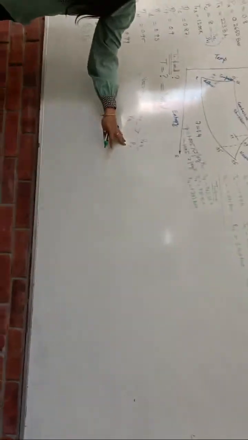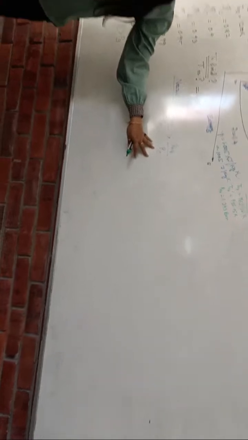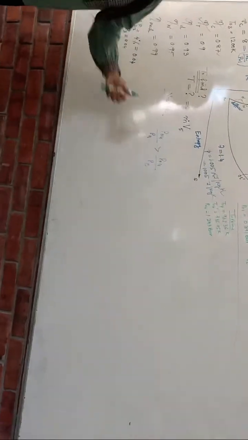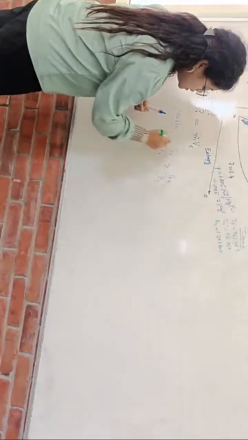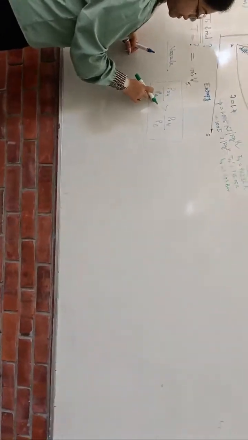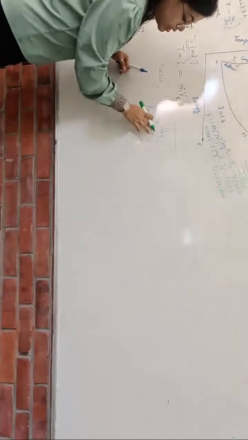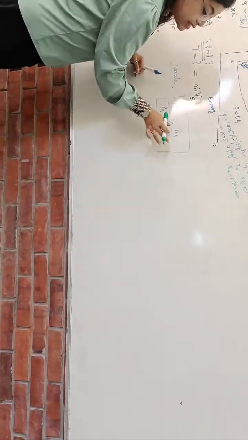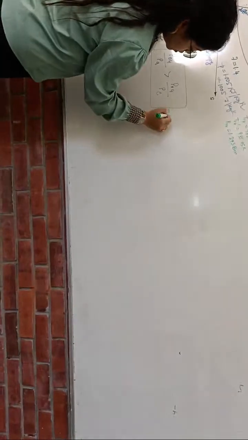What is PC? The nozzle choked condition. If this condition is satisfied, that means the P naught 4 by PA ratio is greater than P naught 4 by PC, then the nozzle is choked.